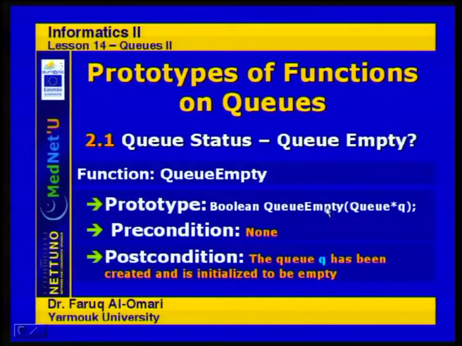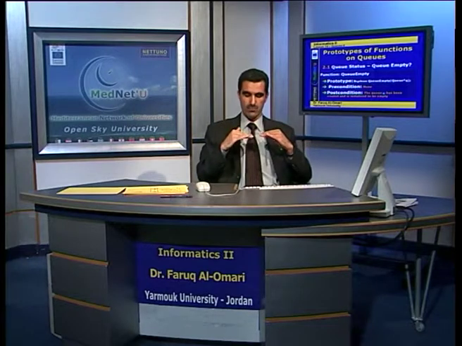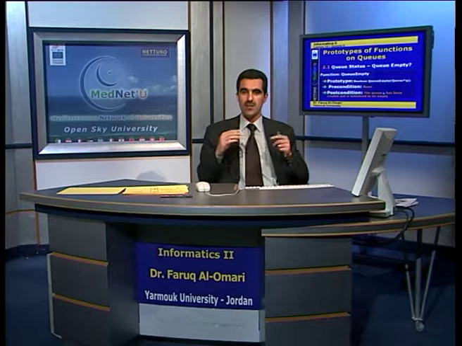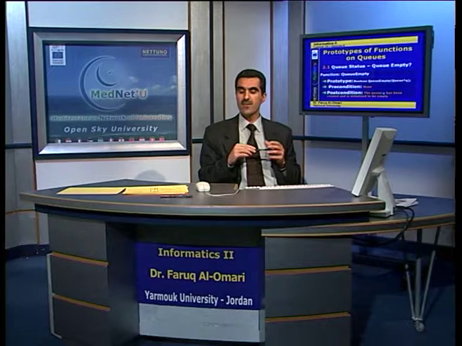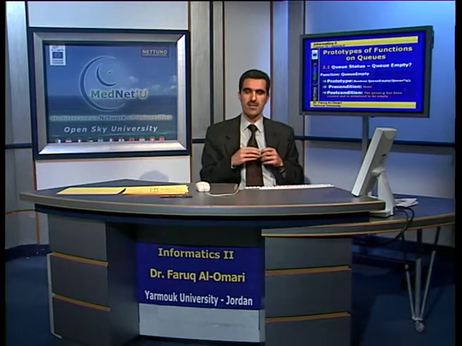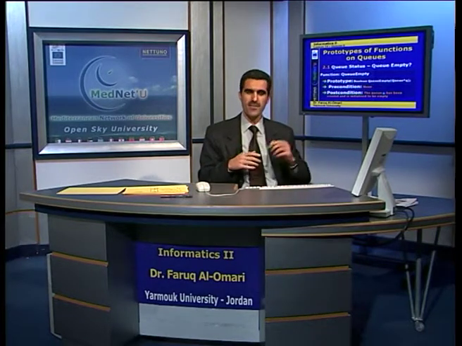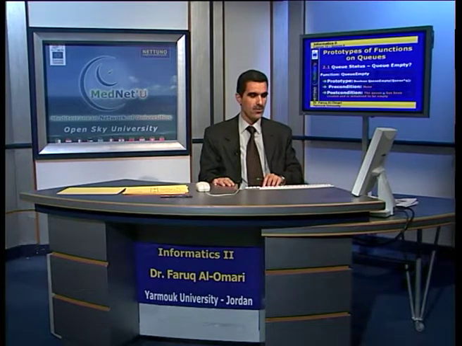As a result, this function is going to tell me a yes if the queue is empty, no entries in there. In that case, front and rear are going to be equal. They're pointing to the same location, and that location is nothing. It's a location, but no valid entry in there. That's what I mean. Otherwise, if I have any entries, it's going to return a 0, a false, indicating no, there are some entries already in this queue. I think we have talked about this, but it doesn't hurt, as I said, if we go through it again.